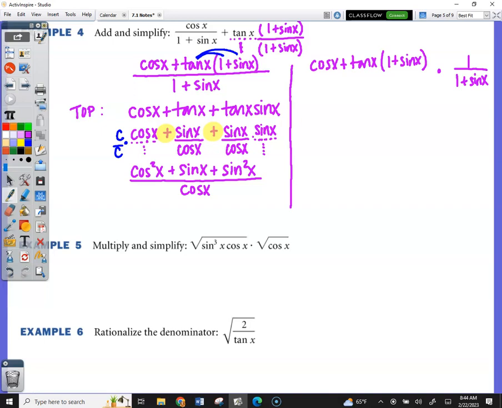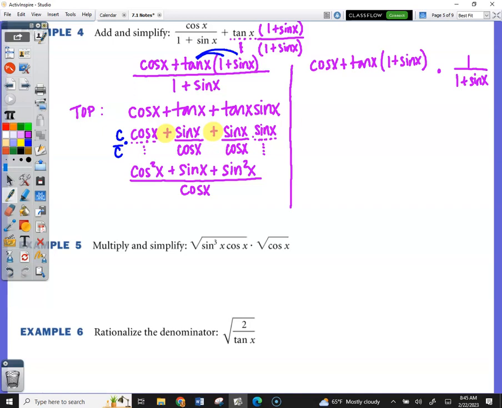Literally, you look at it and you're like, that's not good. I don't get how, on the first one, I see how that would be cosine, but then why is sine over cosine not cosine squared? Because I only multiplied this by cosine over cosine, which is a 1. Remember the rule of multiplying on both sides of the equation? We don't have an equation here. So the only flexibility you have is multiplying by 1, because you're not changing anything.